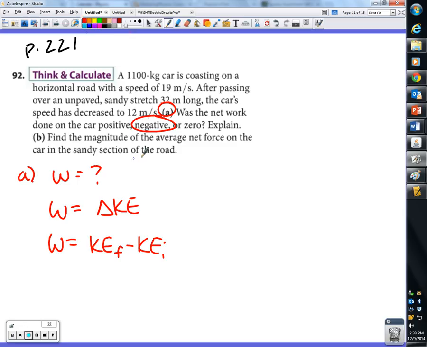The second part, part B, find the magnitude of the average net force. So we're looking for the force that acted on this car as it went over this sandy, uneven patch, or unpaved patch. All right.